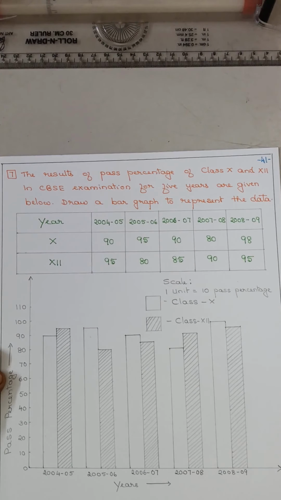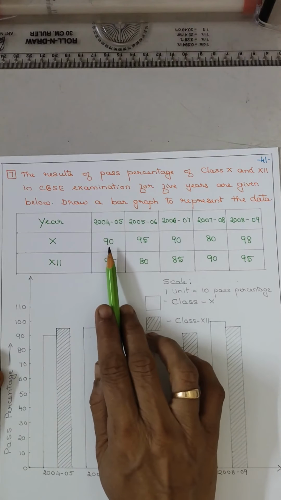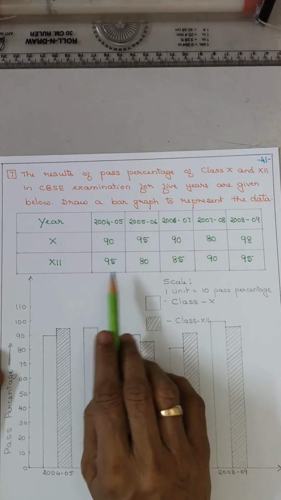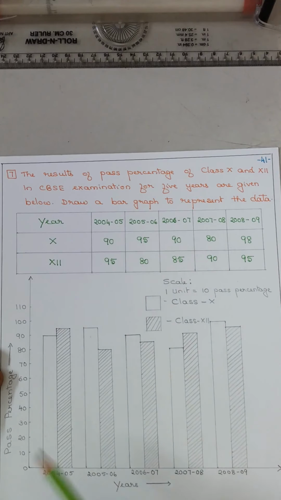Okay. So first you will be drawing the x-axis and the y-axis, and 0 and 1 centimeter, isn't it? That 1 unit that you have to darken on both the x and the y-axis. Now see the numbers, it is 90, 95, 90, 80, 98, like that. So you can take 10, 20, 30.